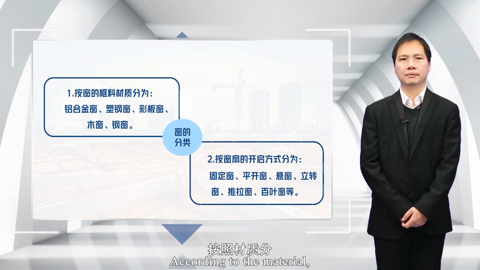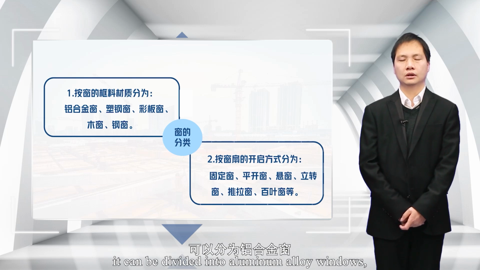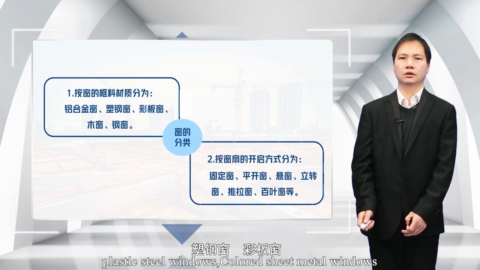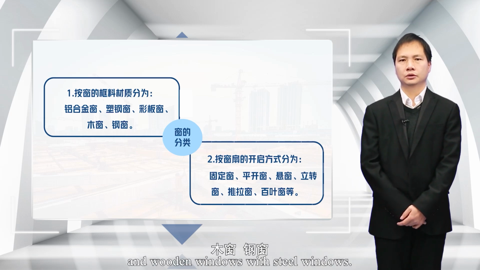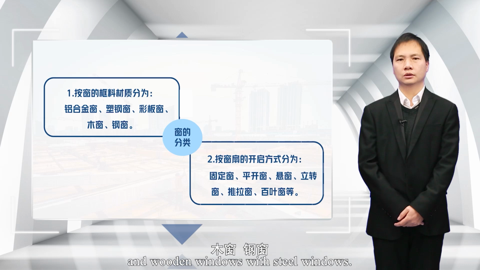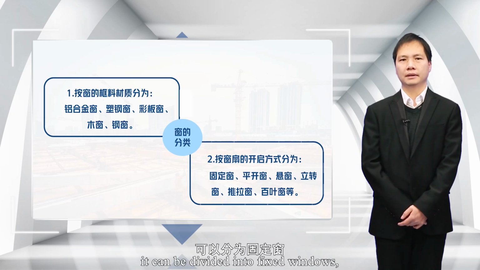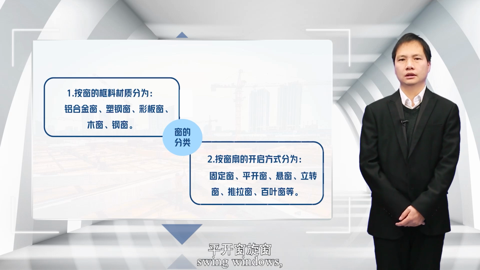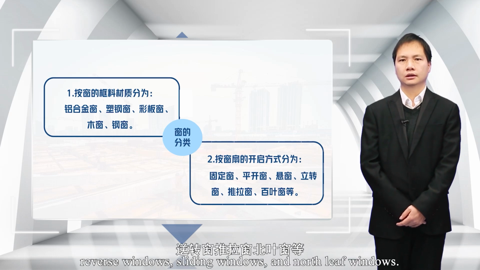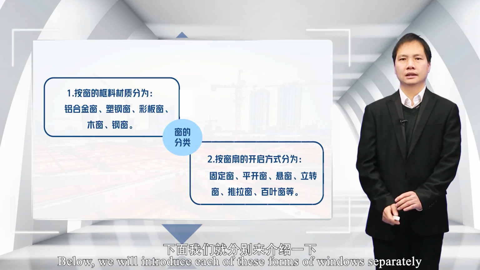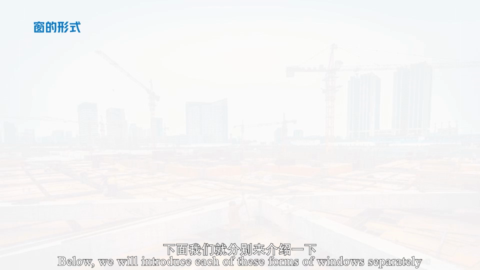According to the material, it can be divided into aluminum alloy windows, plastic steel windows, colored sheet metal windows, and wooden windows with steel windows. According to the opening method, it can be divided into fixed windows, swing windows, reverse windows, sliding windows, and north leaf windows. Below, we will introduce each of these forms of windows separately.